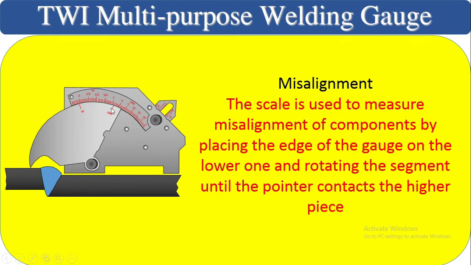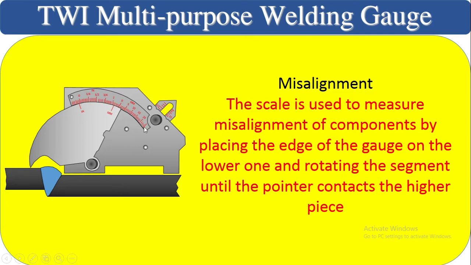There are two scales. One is the millimeter scale from here to 0. When you check with the gauge, before that you need to calibrate. After calibration, you check this type of defect, misalignment. You see here, on one side from 0 to here, this area is 25 mm.